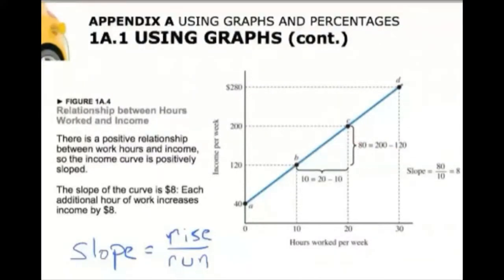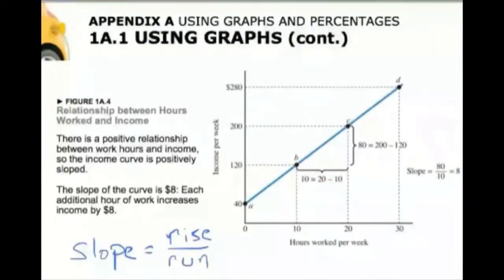The run is the change of the horizontal axis, or how much you've moved horizontally. Right? So the rise is the vertical change. The run is the horizontal change. So when I move from point B to point C, I go from 10 to 20, so the run is the change, or 20 minus 10, or 10 units of what's on the horizontal axis.